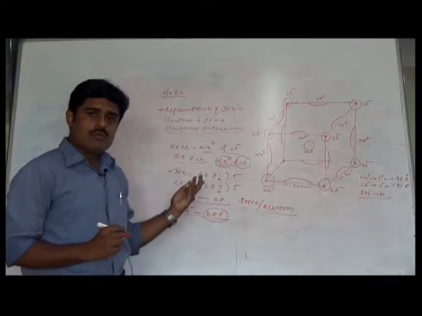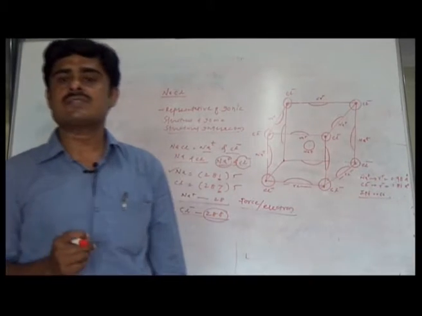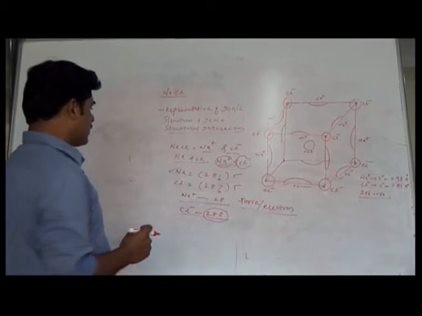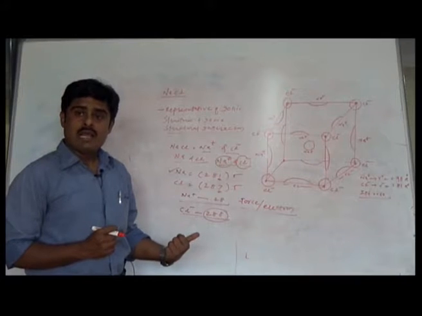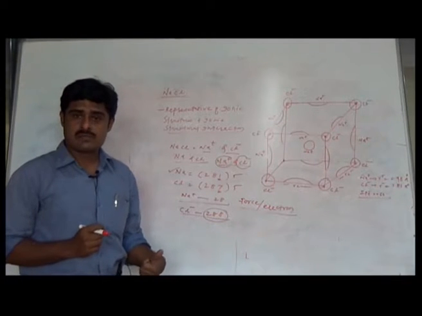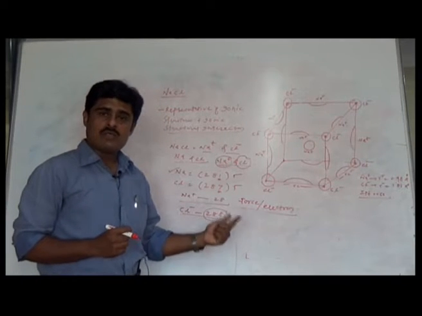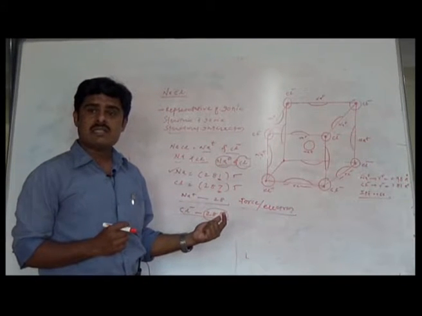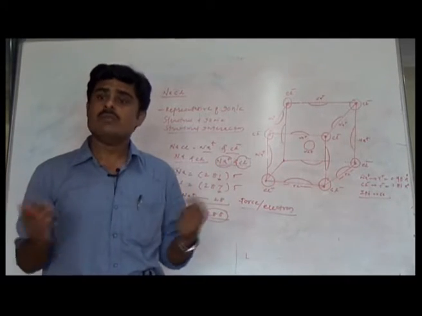Otherwise, neutral chlorine was attracting 17 electrons. Now Cl minus has to attract 18 electrons because of this change. So what will happen? The screening would reduce, and the force per electron will reduce.